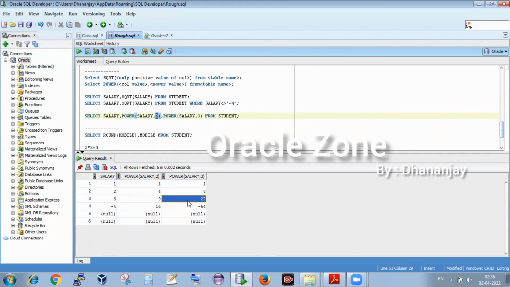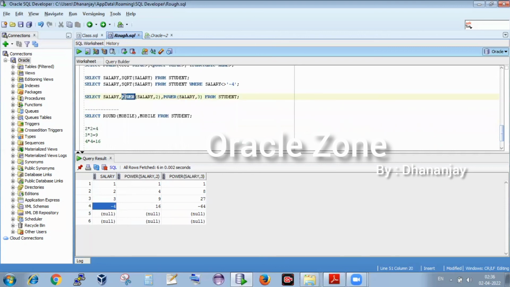And 3 into 3 into 3, that should be 27, because 3 to the power 3. Okay, same like this. In power, there is no difference with positive or negative values. It will calculate the power, no problem for that. Okay.